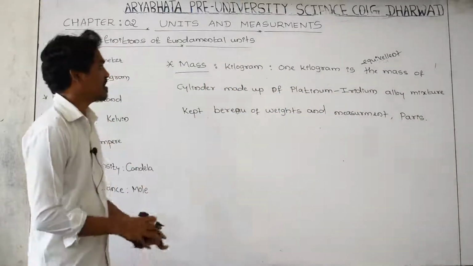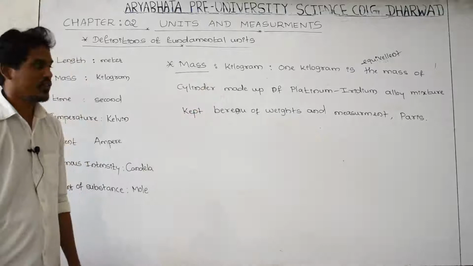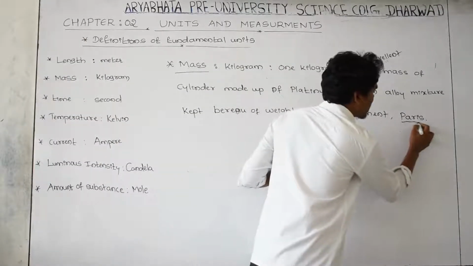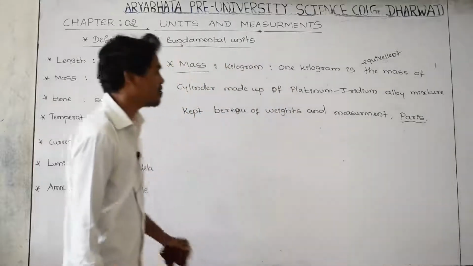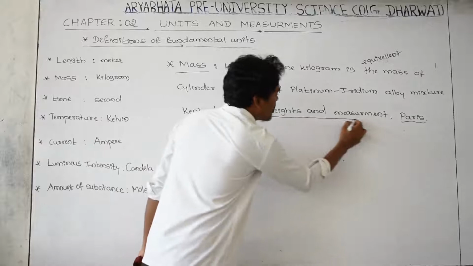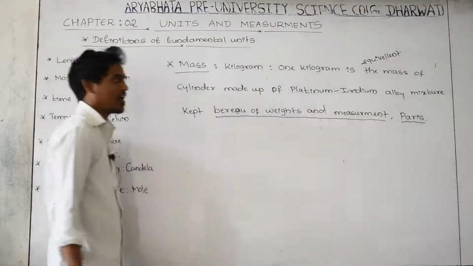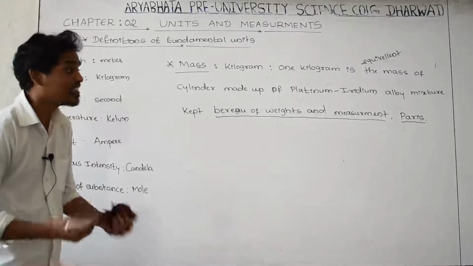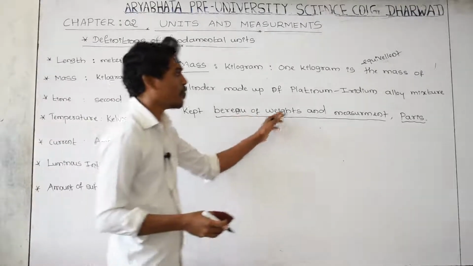In what way have they given the kilogram as a unit? As you know very well, Paris is a city. In that city there is a museum. Its name is Bureau of Weights and Measurements. Like you have heard about the Visvesvaraya museum in Bangalore, like that there is a Bureau of Weights and Measurement.